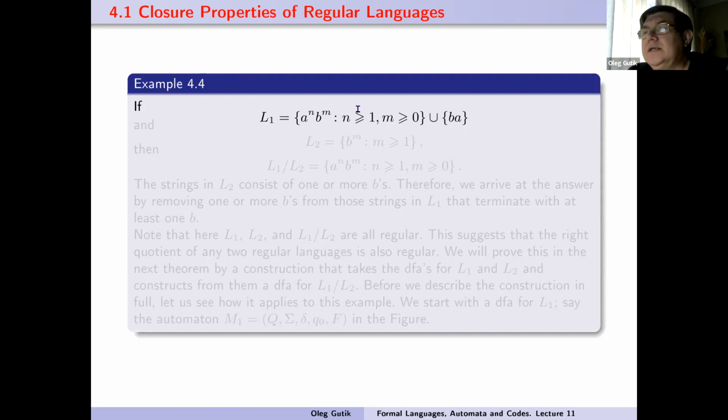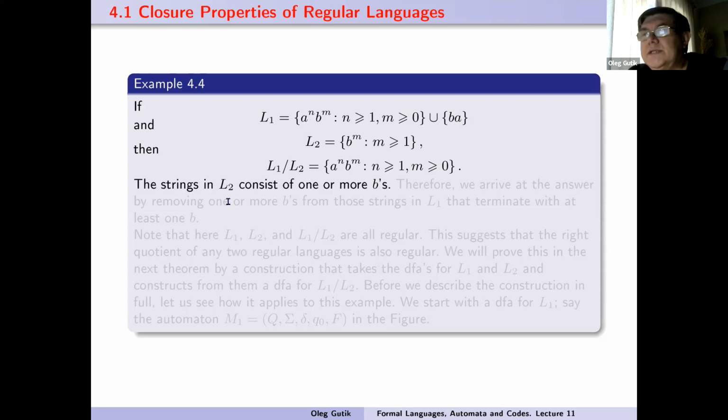Example. Let L1 be the language consisting of words a^n b^m, where n is a positive integer and m is a non-negative integer, together with the word ba. And L2 consists of words of the form b^m, where m is a positive integer. Then the right quotient of L1 with L2 consists of words of the form a^n b^m, where n is a positive integer and m is a non-negative integer.